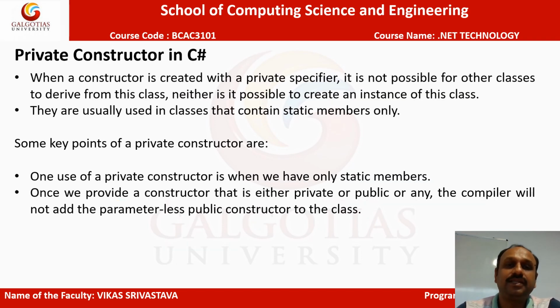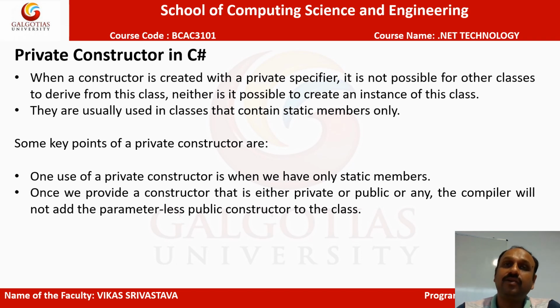Now another one is the private constructor. A constructor which is created with a private specifier, so it is not possible to derive from this class. Suppose you write any class with a private constructor, you cannot derive it. It is also not possible to create an instance, but it can have some static members, because they cannot be instantiated and cannot be inherited.